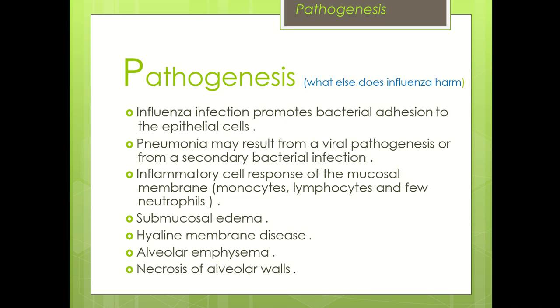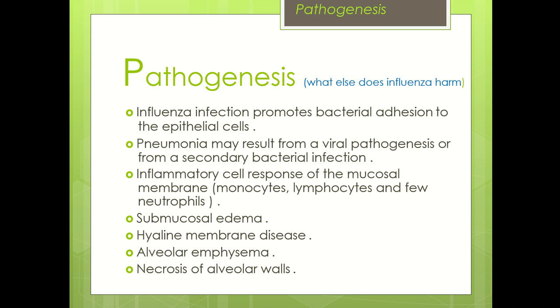Pathogenesis. What else does influenza harm then? Influenza infection promotes bacterial adhesion to the epithelial cell. As a result, there can be secondary bacterial infection, like pneumonia, that may result from the viral pathogenesis, or from a secondary bacterial infection like Streptococcus pneumoniae. So, inflammatory cell response of the mucosal membrane.